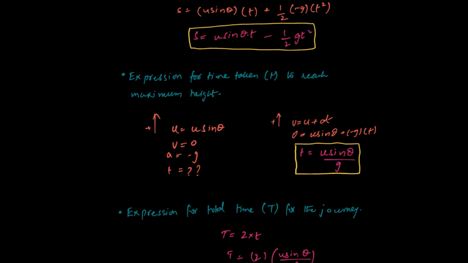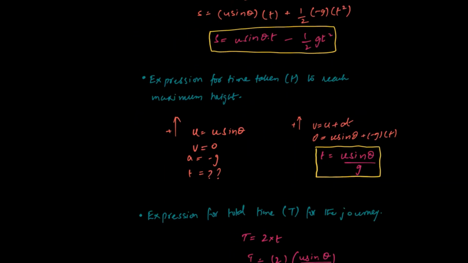So the best formula would be v equals u plus at, where my final velocity would be 0, and it could be equated to u sine theta plus minus g, that would be the negative of acceleration due to gravity, times the time taken, and we could make time the subject to find the time taken to reach the maximum height.